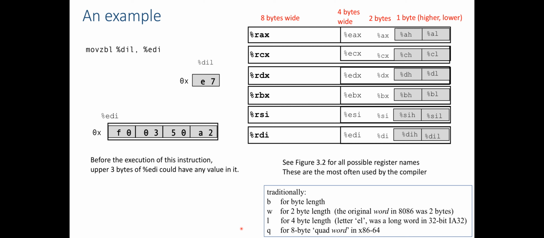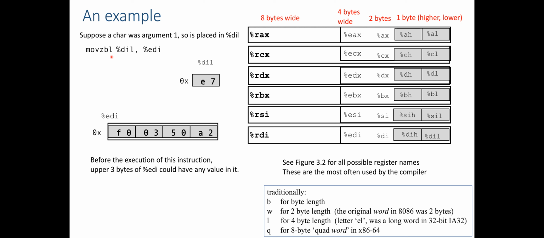Let's look at an example of this. So here is an instruction, movzbl. We're going to move from a byte into a long. We could assume in this case that a char was an argument that was being sent in.